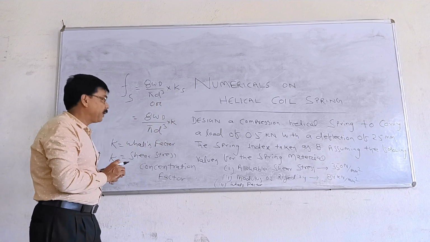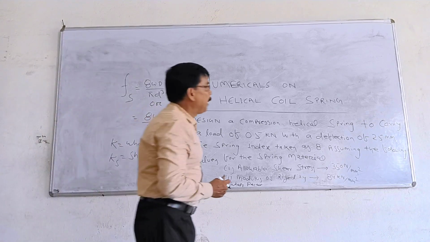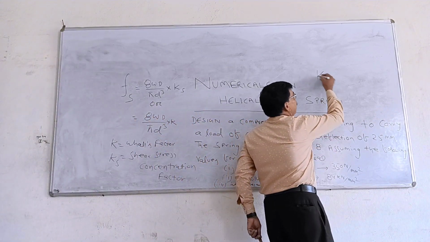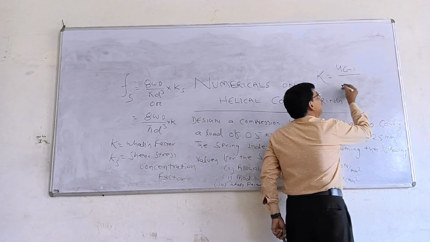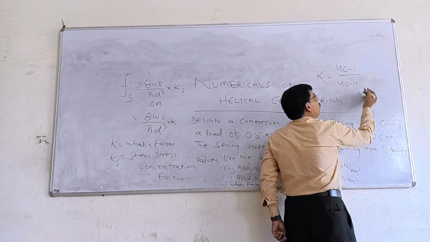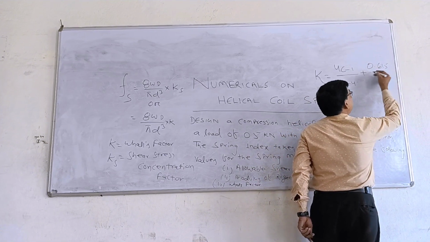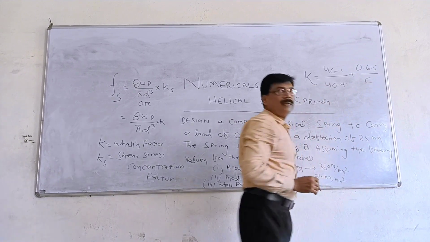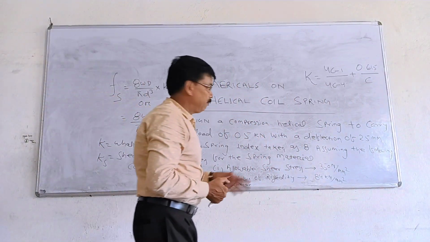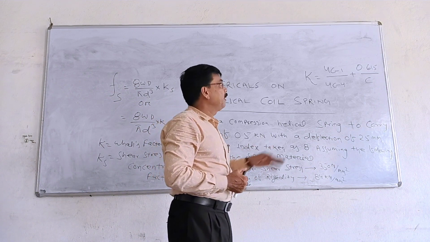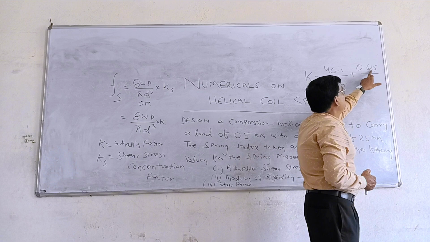The value of K, the Wahl's factor, has a formula: 4C minus 1 divided by 4C minus 4, plus 0.615 by C. You have to remember this formula, and in some cases it will be given in the question.